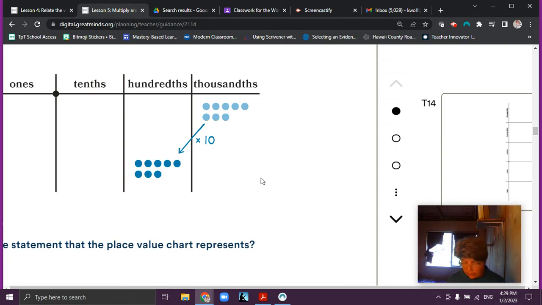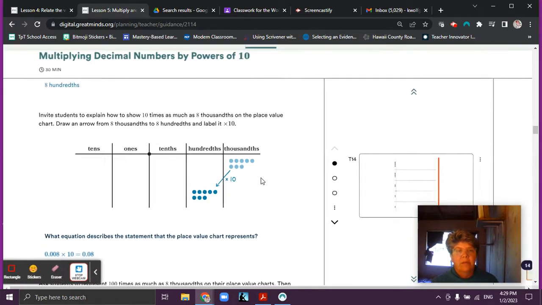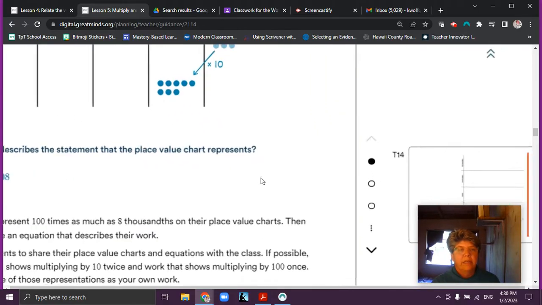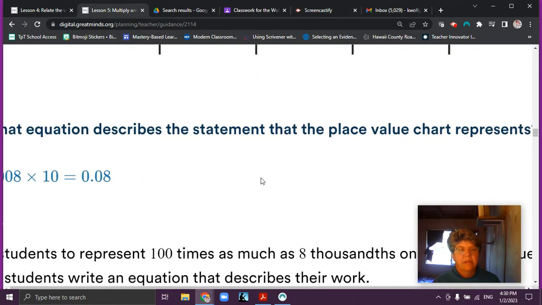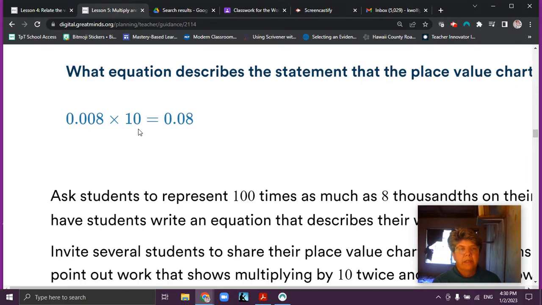Anywhere where you can remember where it is, because this is your notes, so you know what you're learning, and also you can show me when you come for mastery check. All right, so there it is. 8 thousandths times 10 is equal to 8 hundredths, right? Think about, we're moving to the left on our place value chart.